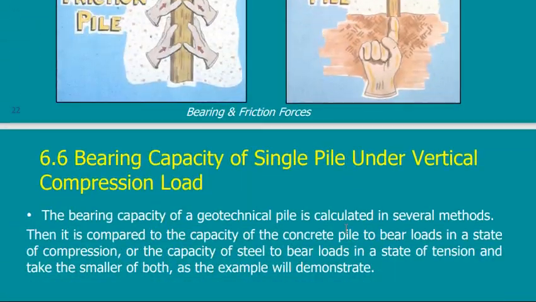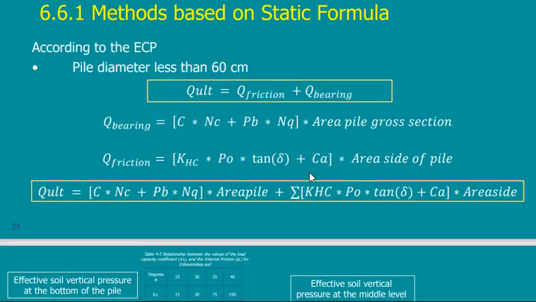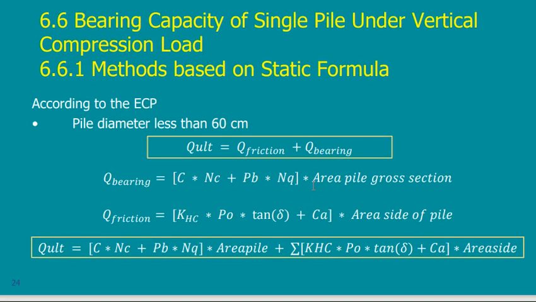In the second lecture, we started to study the design of the first type of piles, which is piles with a diameter less than 60 centimeters, and we used the equations given in the Egyptian code for the design of piles.